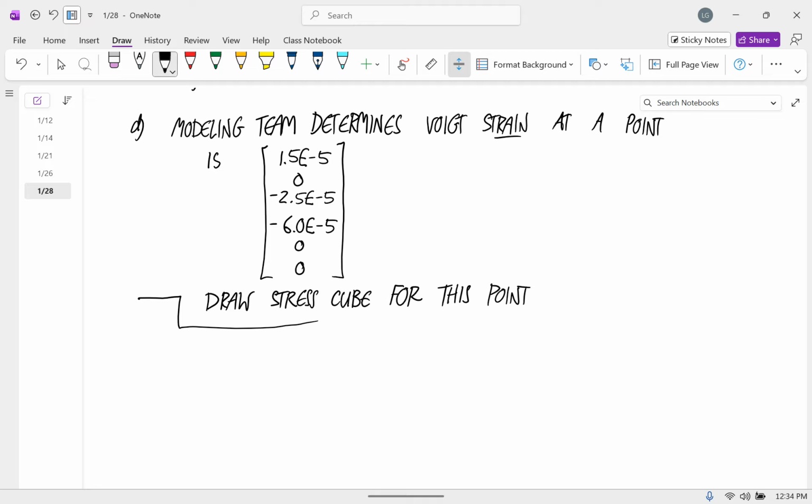Okay, well, the first thing we need to do is, we're going to use the equation that says the Voigt stress is equal to the stiffness matrix times the Voigt strain. And remember, the stiffness matrix is just the inverse of the compliance matrix, so we could write it like this. And you don't have to know how to calculate that by hand or anything.